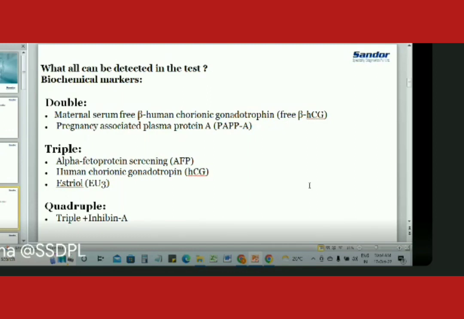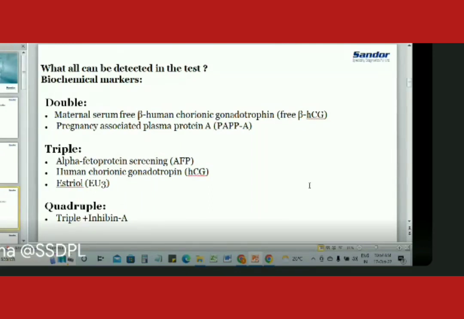Anyway, I just wanted to say that, as we were talking in the last session about organic compounds and metabolites, in the same way these are nothing but the hormones and proteins specially produced during pregnancy.